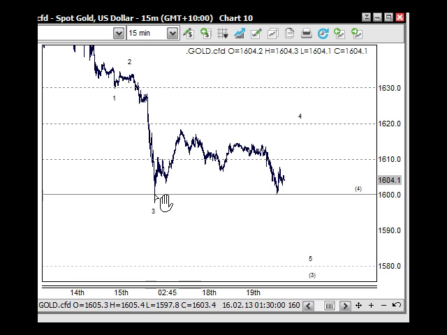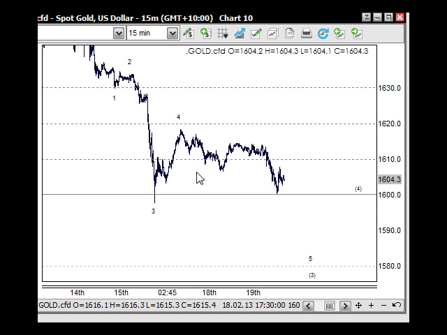What we're unsure of at this stage is that this A, B, C here may be just the A wave, and then this here, 5 waves for the A wave, a B wave, and a C wave here. That could be a larger B wave. So basically an A and a B and a C wave back up to here, and then folding down through there. So that's one possibility there.